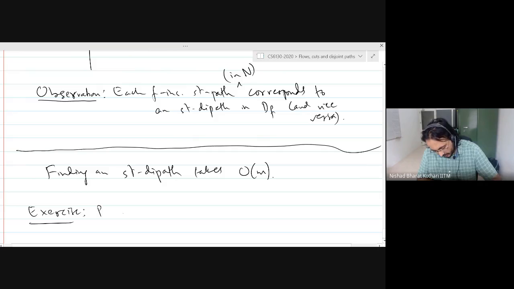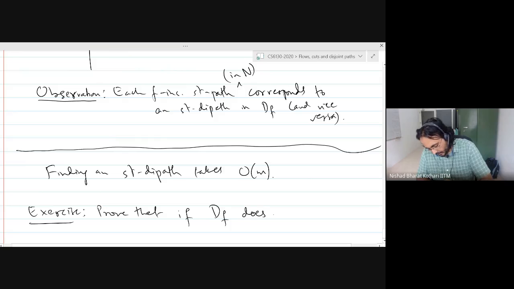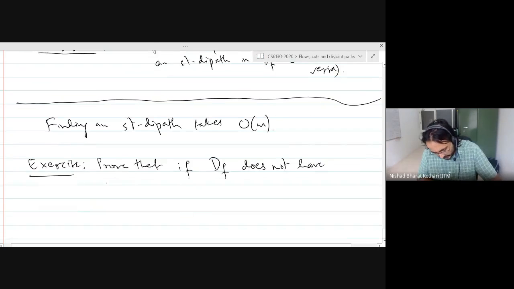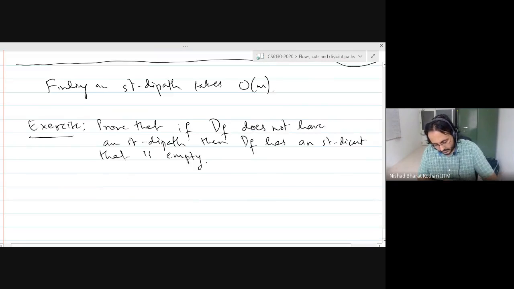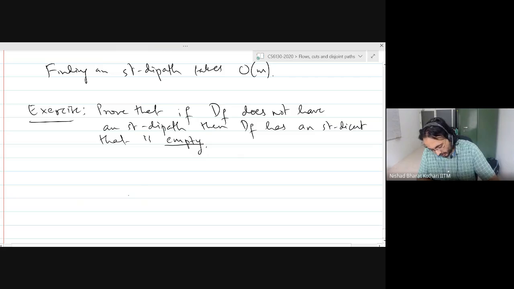Prove that if D_F does not have an ST dipath, then D_F has an ST dicut that is empty. What I mean by that is, you will find a partition of the vertex set.